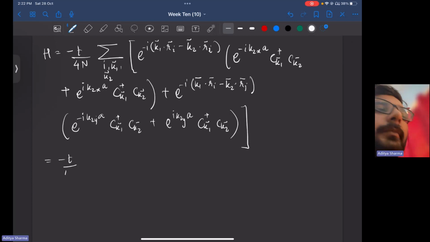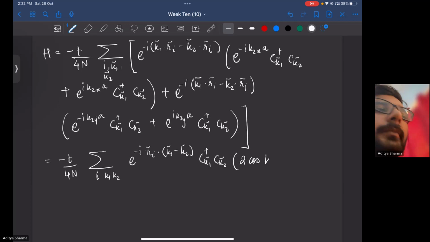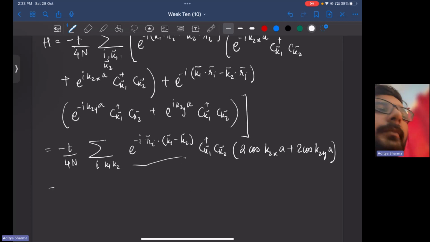And this is nothing but, this is going to give a delta function with this thing.